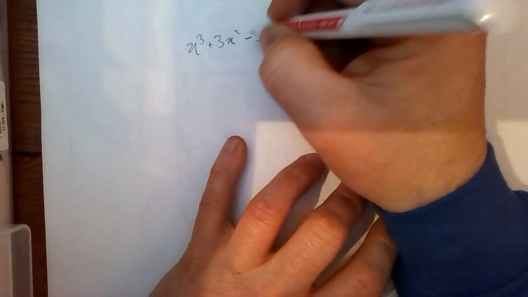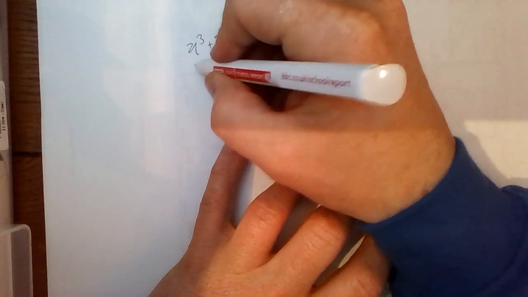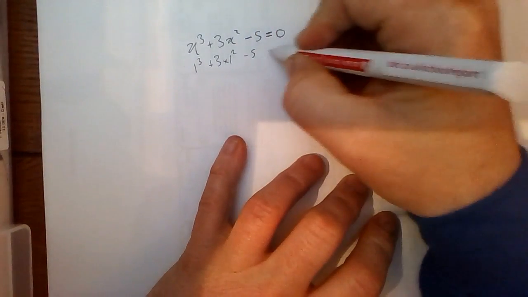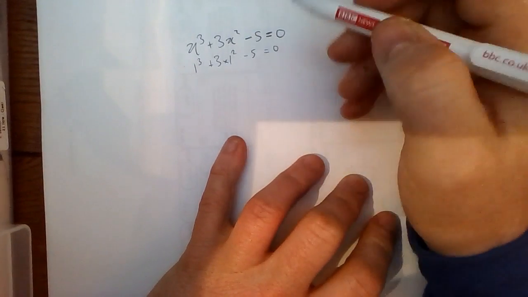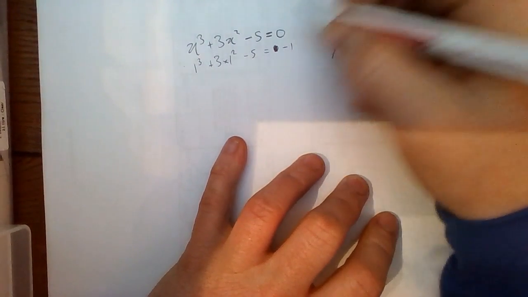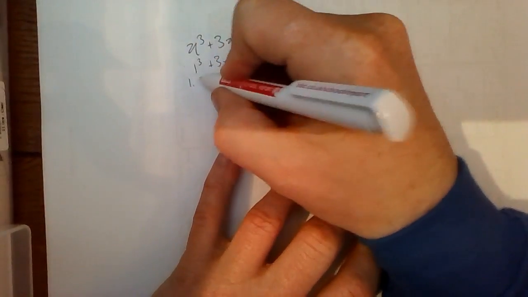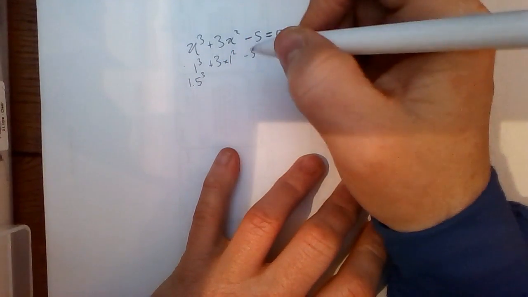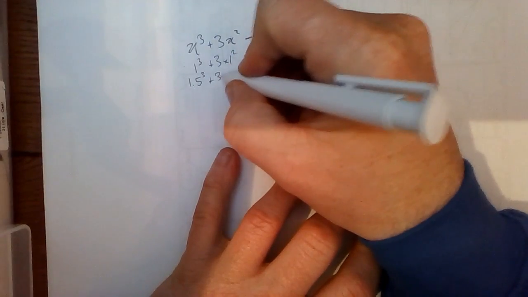So the question will almost always tell you what to use. So this question would say use the number 1. Work that out. So that's 1 plus 3 is 4 minus 5, so that's negative 1. So not 0. We want it to be 0, but we've got negative 1. Then the question would say try 1.5.